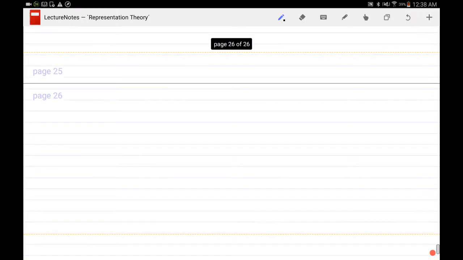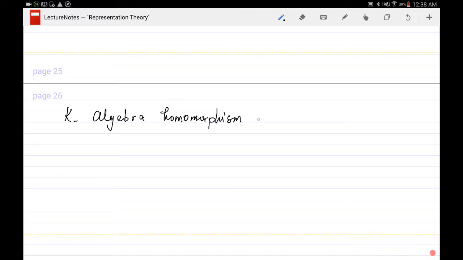And of course, we can also have a homomorphism between K-algebras, because after all, we have homomorphisms between vector spaces, those known as linear operators. So a K-algebra homomorphism is a K-linear ring homomorphism.